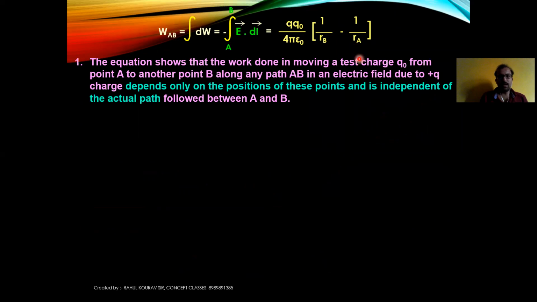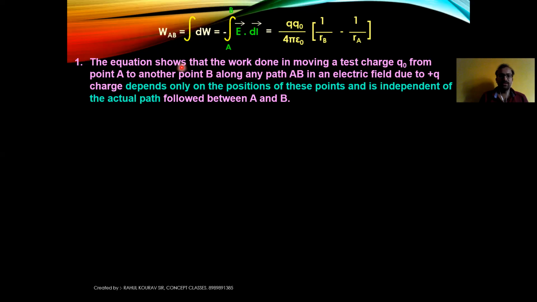So what this is saying is that the equation shows the work done in moving a test charge Q naught from point A to another point B along any path AB, see here, any path, means it is independent of the path followed.